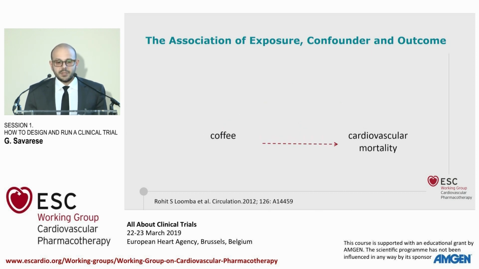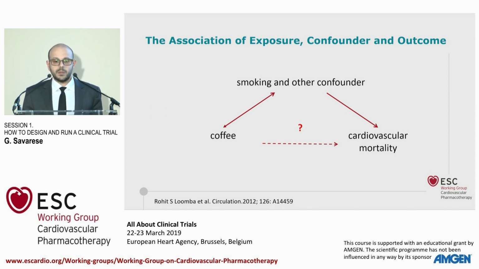Another example is a typical study. Does coffee increase or reduce cardiovascular mortality? It looks like yes, but then we think a little bit more about this issue, and we discover that a lot of people drinking coffee also smoke, and smoking is one of the major determinants of cardiovascular mortality.